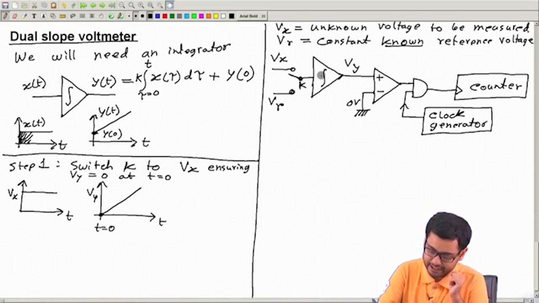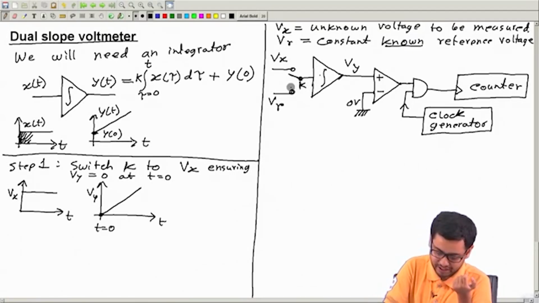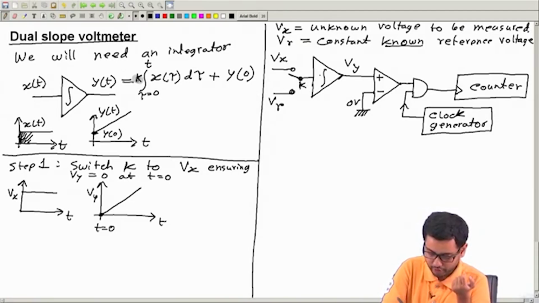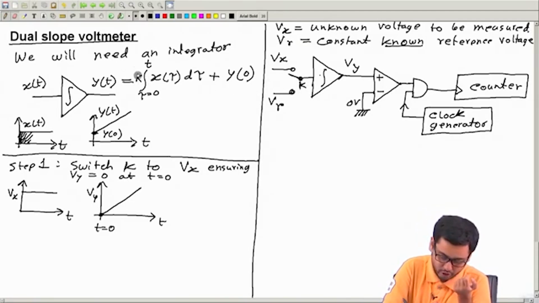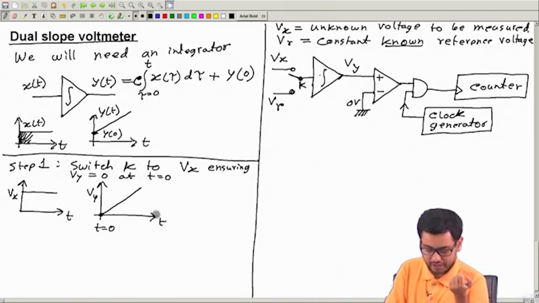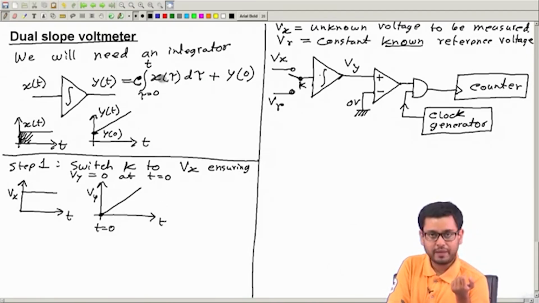And if the integration constant is, okay, I have already used k here, so there is a conflict. Let me call this constant c. c is the multiplication factor which gets multiplied with the input.